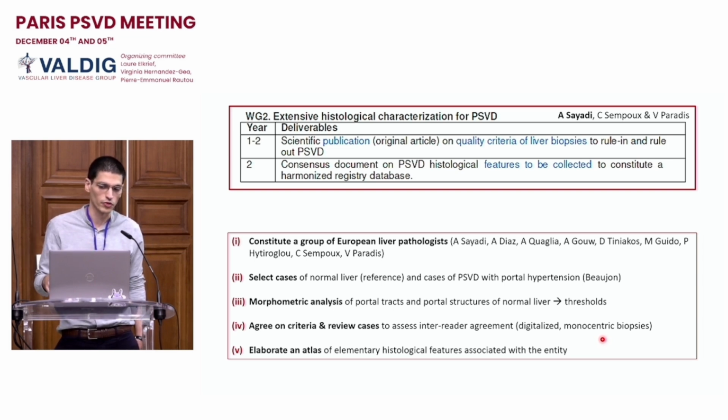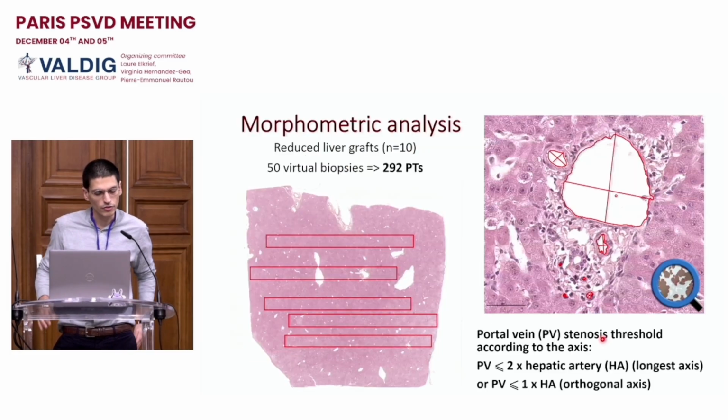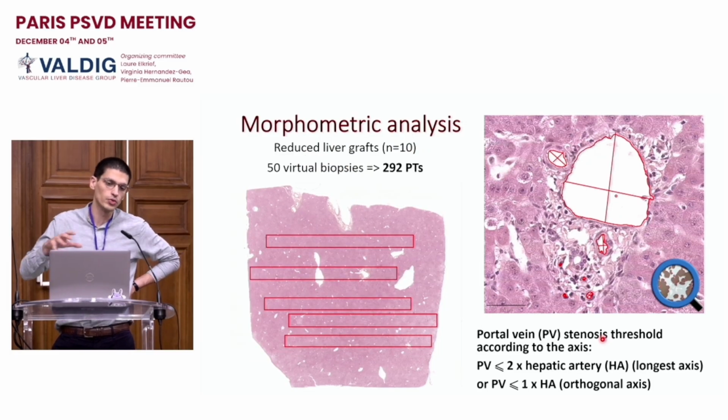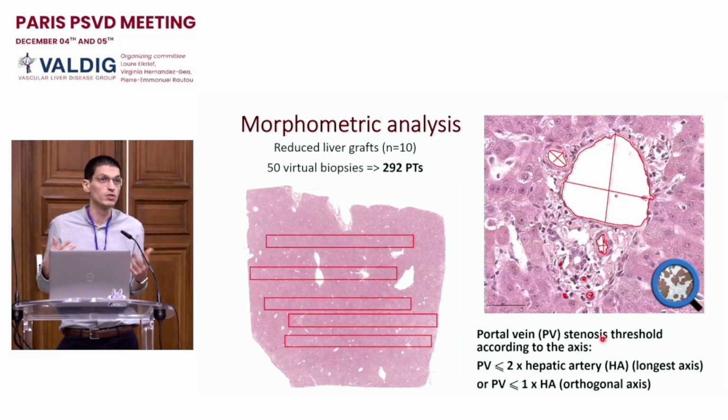The first step was to perform morphometric analysis in a normal liver. For that, we used some reduced liver grafts that were addressed to the pathology department, so expected to be histologically normal, to serve as reference, and we identified 10 reduced liver grafts.